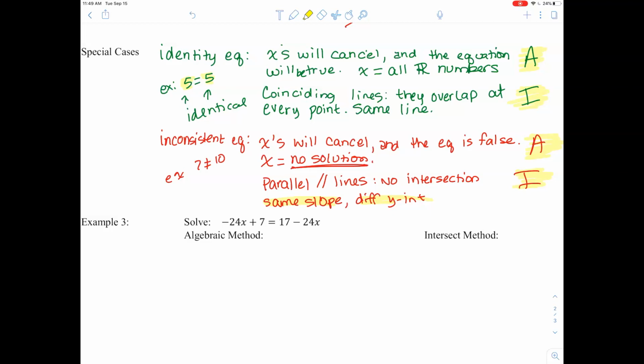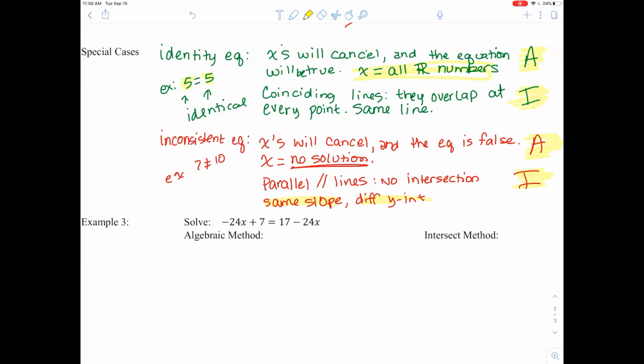Whenever you see an equation where the left is identical to the right, that's an identity equation. That means they share all of the x's. All of the x's are the solution, so all real numbers. If your x's cancel and the equation is true, then it's all real numbers.